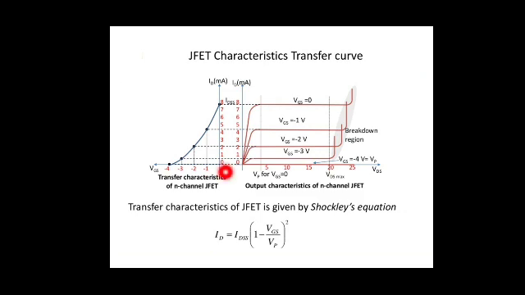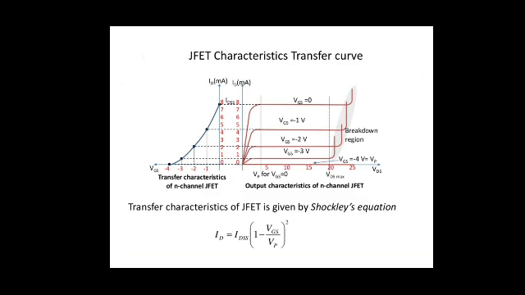As you increase the VGS in reverse bias, the ID value is reduced. So this is about the JFET characteristics. You have seen both input and output characteristics.